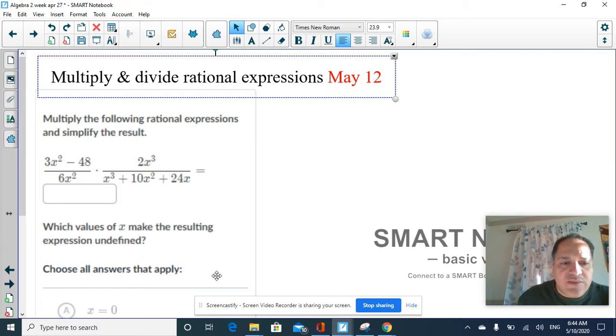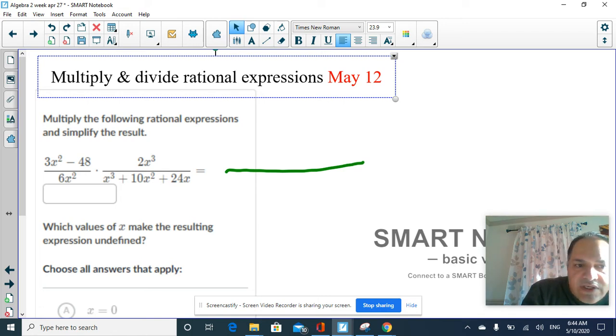So the first step is you have to factor your first part, which is 3x squared minus 48. If you take out the common factor, 3, you have x squared, and 48 divided by 3 is 16.